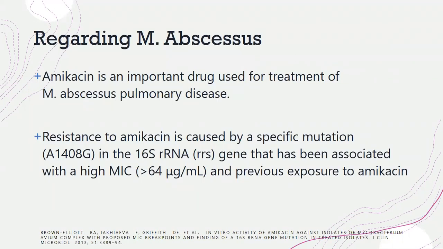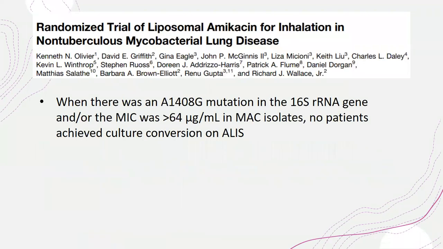Regarding Mycobacterium abscessus, amikacin is one of the most important components of the drug regimen used for the treatment of that disease. Resistance to it is caused by a mutation in the 16S RNA gene, and it usually ends up causing a high MIC, usually more than 64, that is associated with this mutation or previous exposure to amikacin.